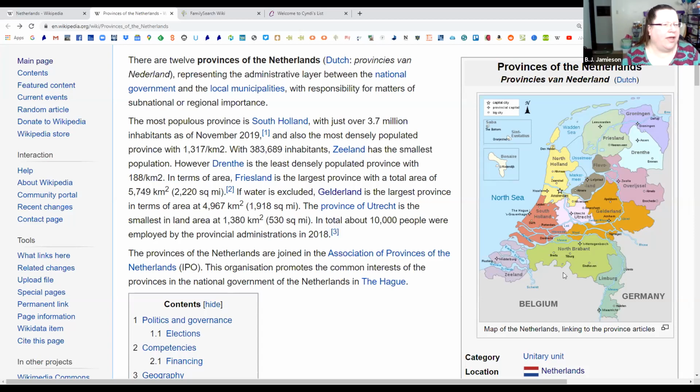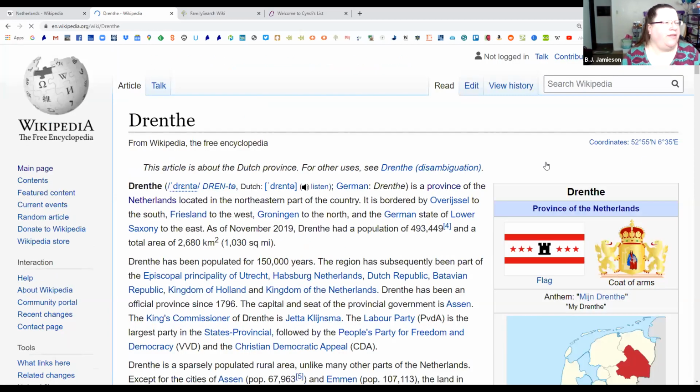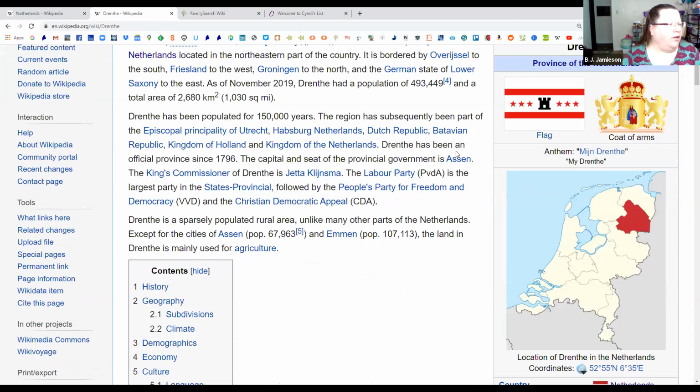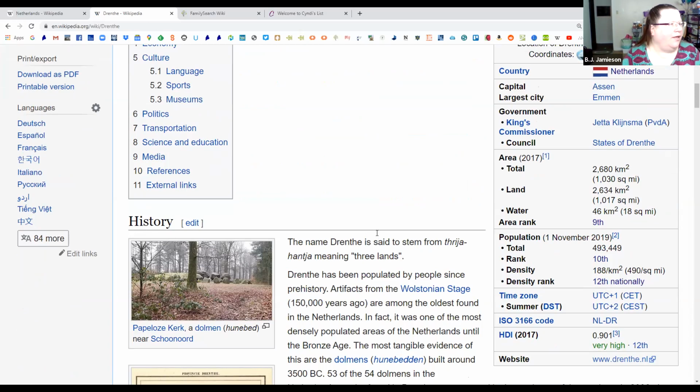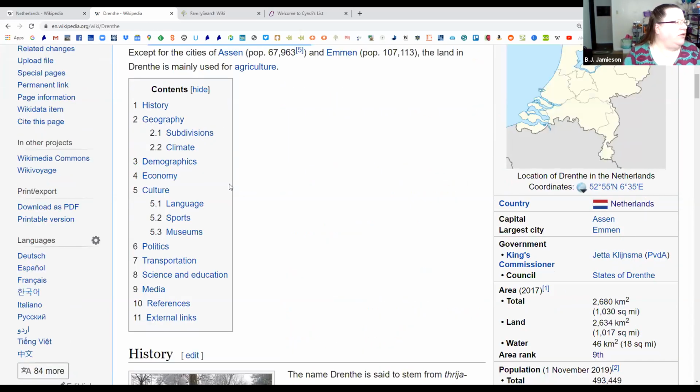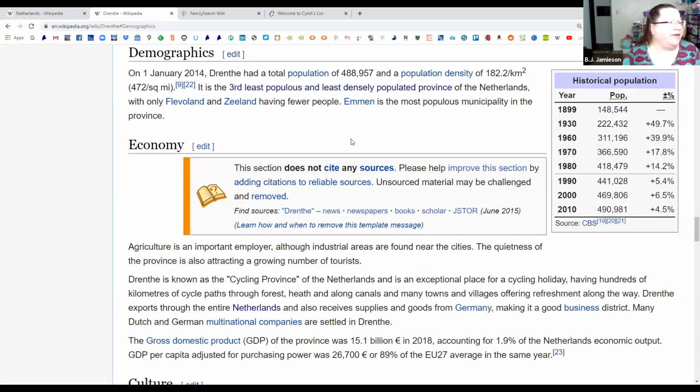So let's look at, I don't know how this is pronounced, Drenthe. If we click there, it says it's a sparsely populated rural area, and usually there's a demographics link.